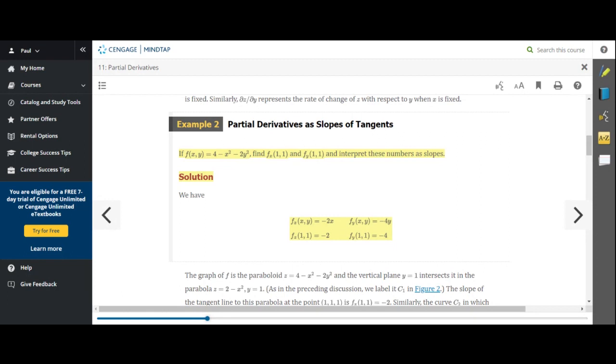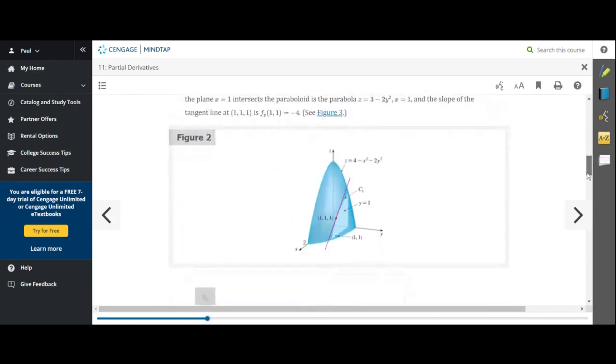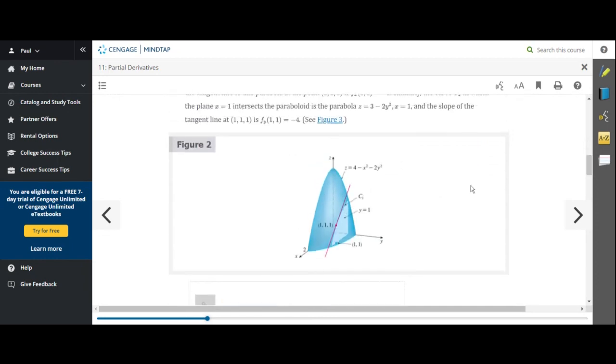Okay, so you recall this problem. We computed the two partial derivatives when x is 1 and y is 1, the partial derivative with respect to x and the partial derivative with respect to y. And both those partial derivatives were negative. Then we looked at the picture of our surface in figure 2.